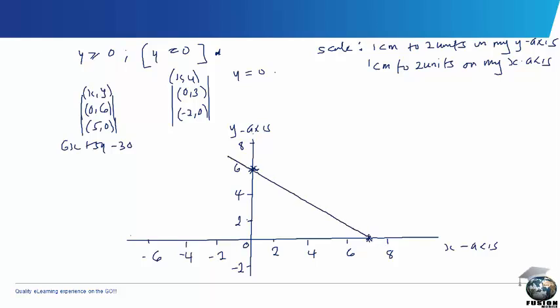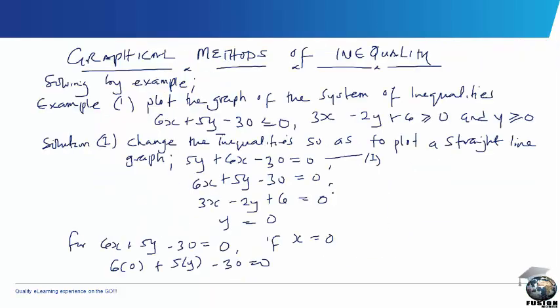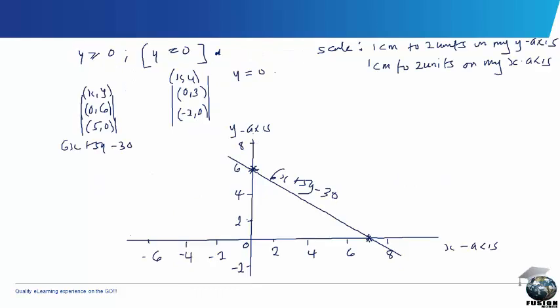Alright, so this is the line for 6x plus 5y minus 30. From the inequality, it states less than or equal to 0.